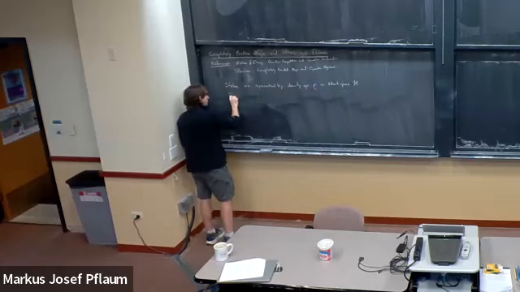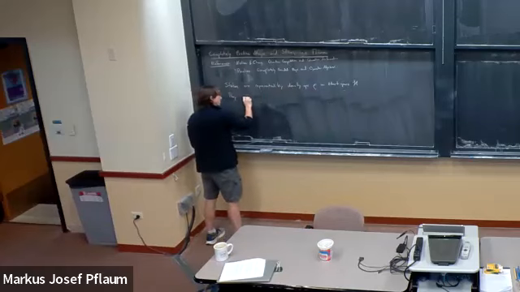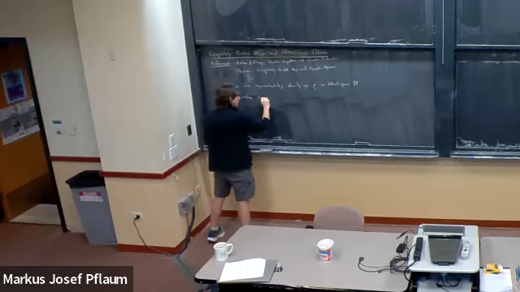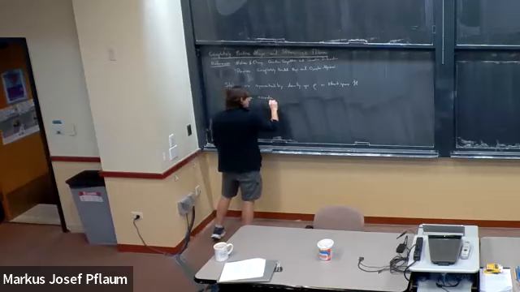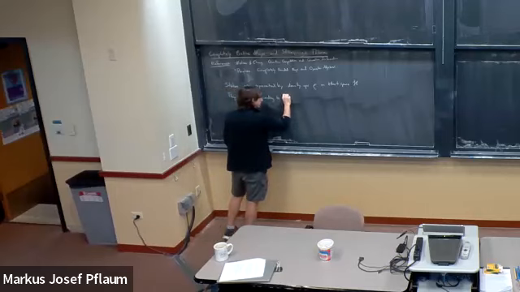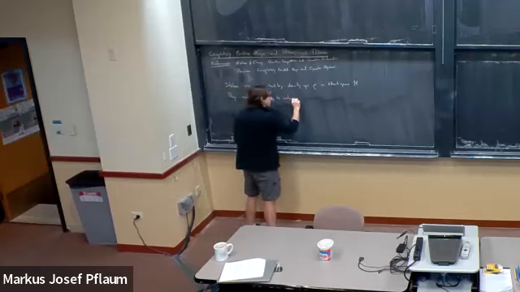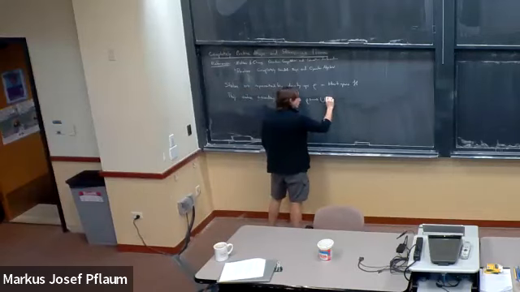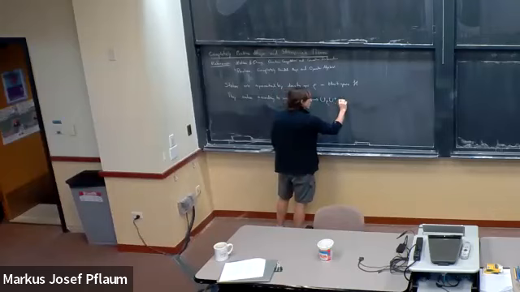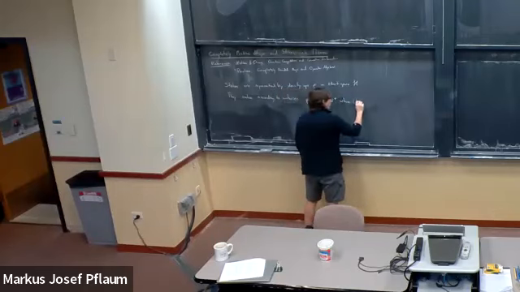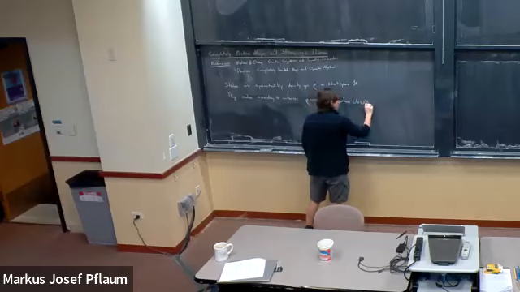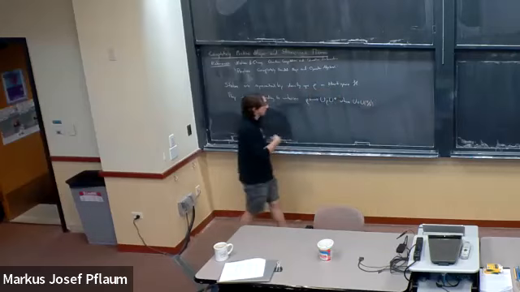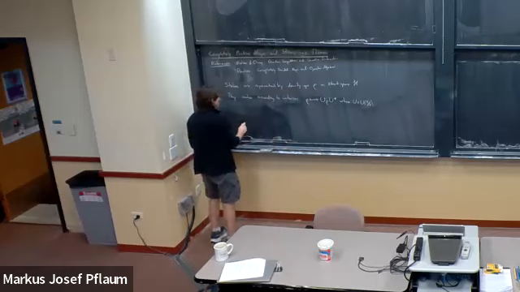And they evolve according to unitary evolution. Unitaries. So rho would go to U rho U star, or U dagger, where U is in the unitary group of the Hilbert space. That would be some Hamiltonian time evolution.